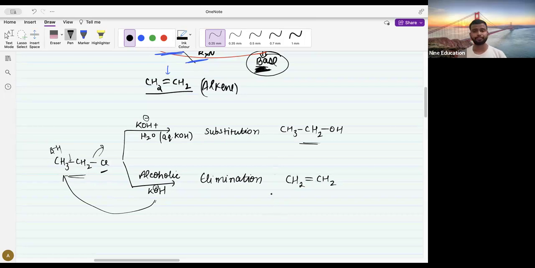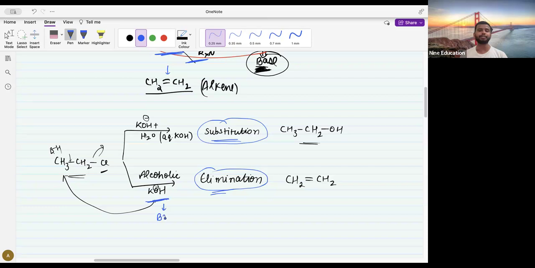Understanding or not? So you should know which conditions and which reagent are given in the reaction, whether you have to do substitution or elimination. Here KOH is acting as a base, taking the H positive of the carbon. But here KOH is acting as a nucleophile.